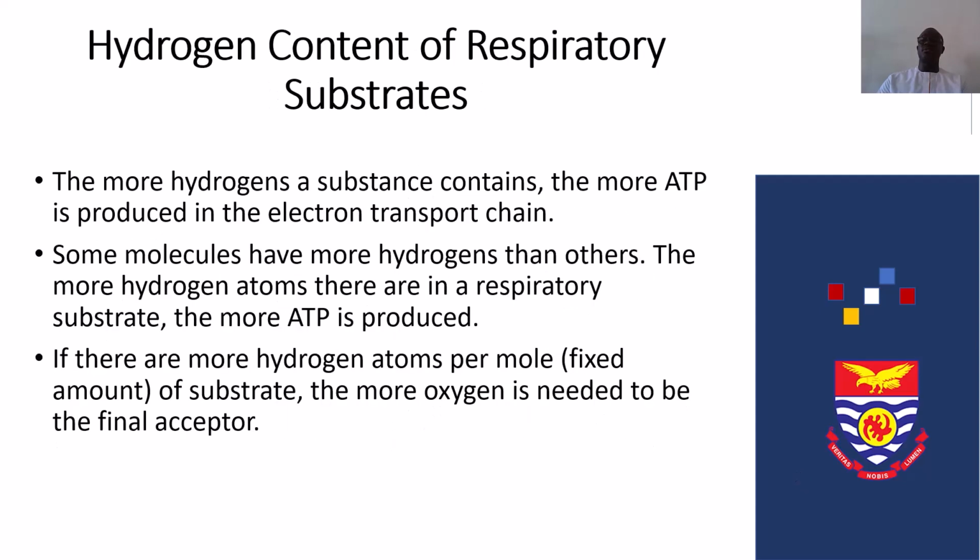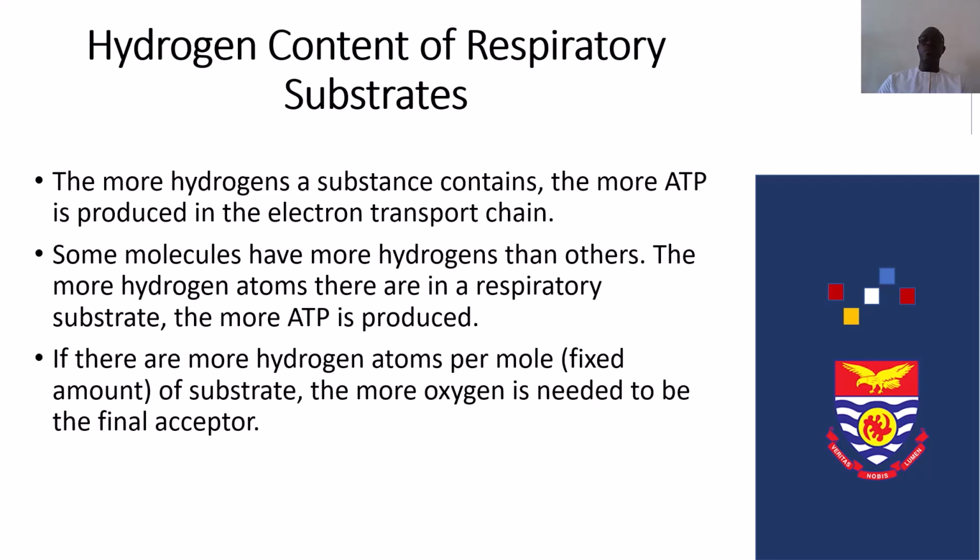respiratory substrate. So the more hydrogens a substance contains, the more ATP it produces in the electron transport chain. Some molecules have more hydrogens than others. The more hydrogen atoms there are in a respiratory substrate, the more ATP is produced.